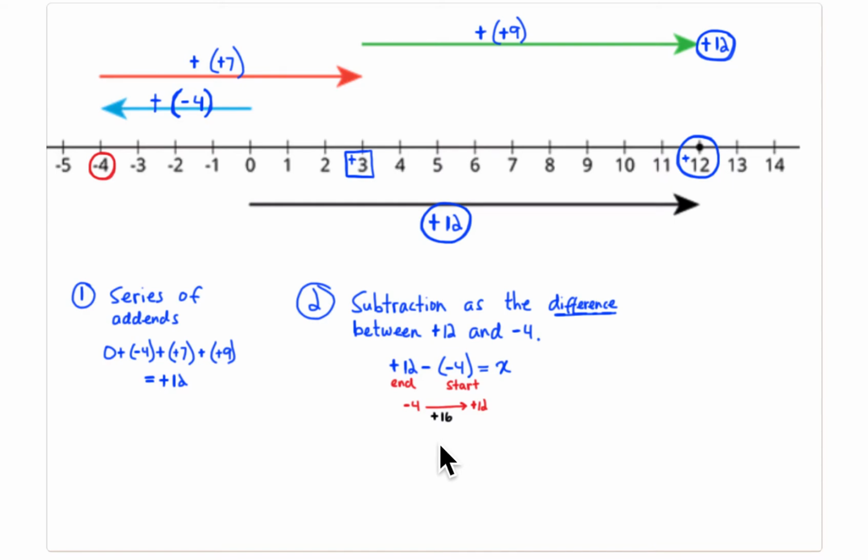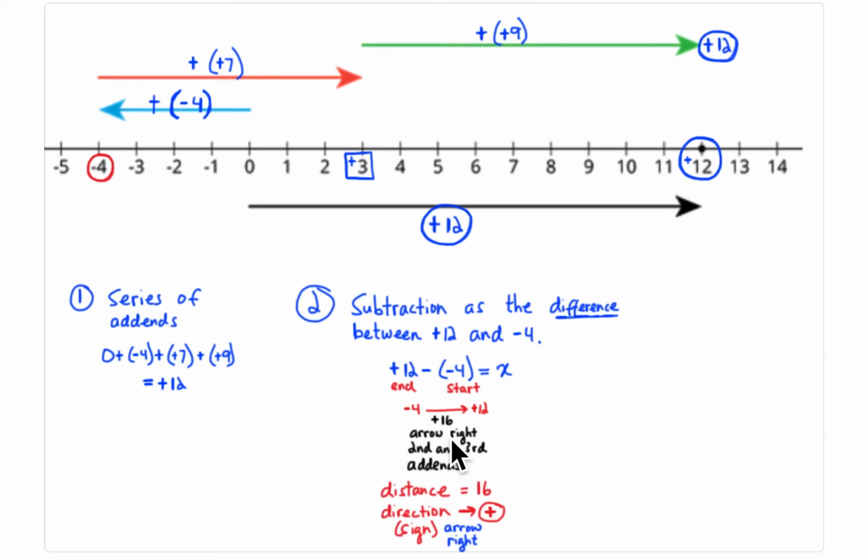So you have a distance, how far away it is, and a direction. So if you take the sum of the addition problem, the positive 12, subtract the very first addend, so that's a negative 4, those two values are 16 units away, and it's 16 units in a positive direction.